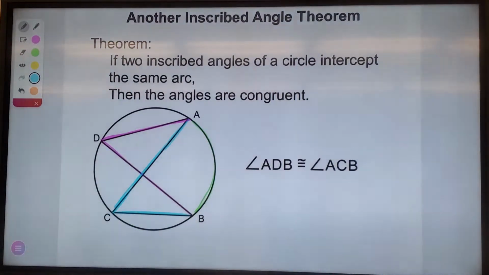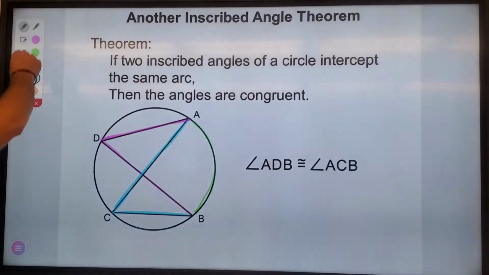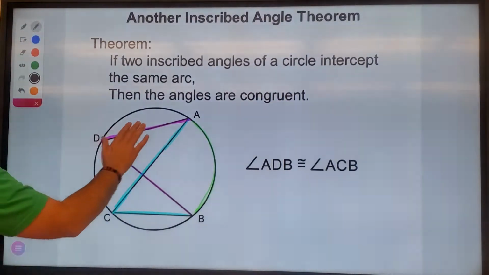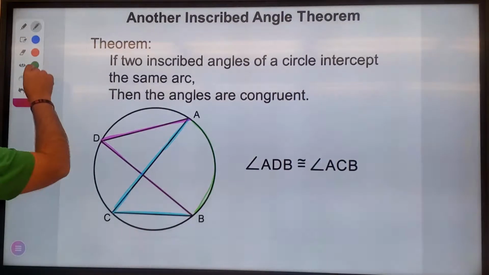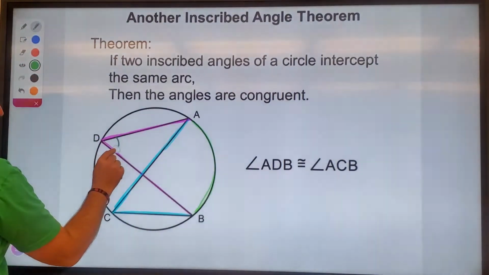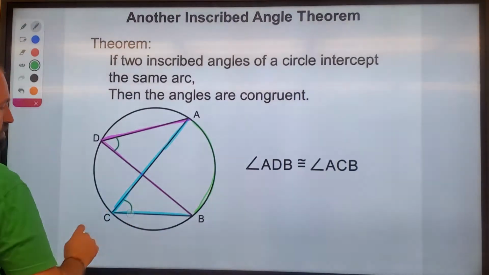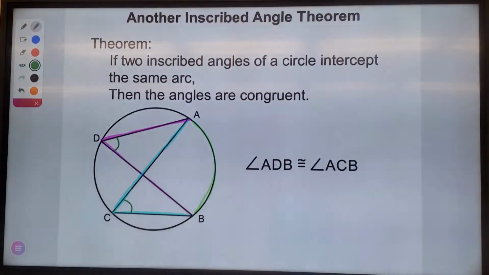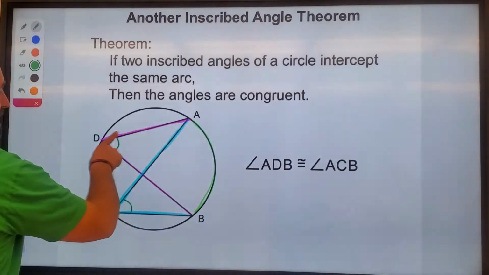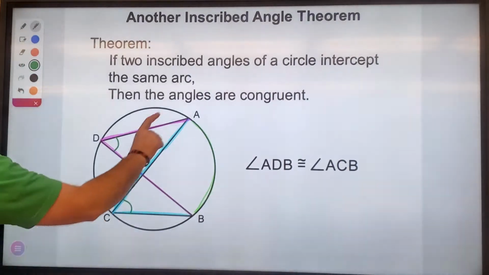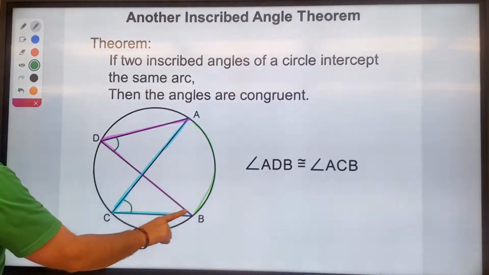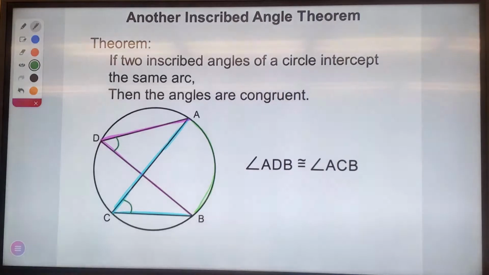So what this theorem tells me is that because these two angles intercept the same arc, these angles are in fact congruent. Okay, so as it says there on the board, angle ADB is congruent to angle ACB. Okay?